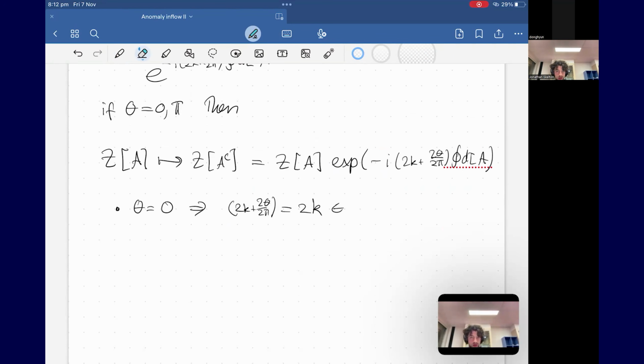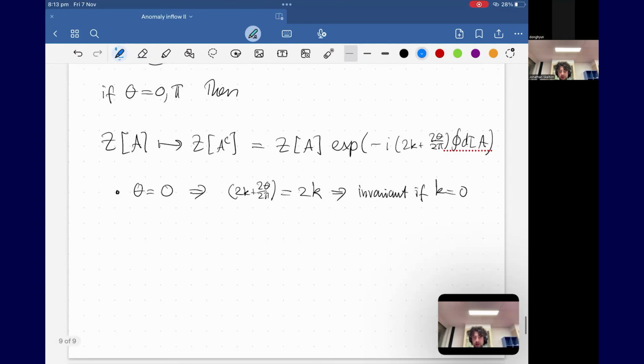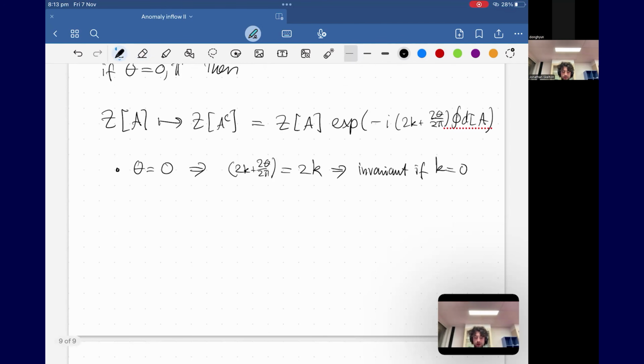And then, so that's okay. Sorry, let me say that again. So if theta is 0, then this is going to be that. So this means invariant, which implies this is going to be invariant if k is 0. So we want k to be 0 as our choice.